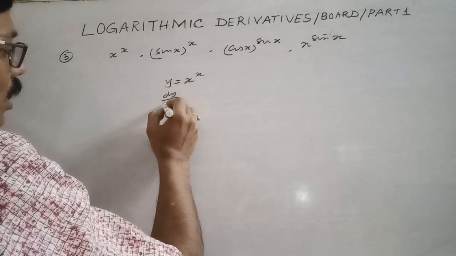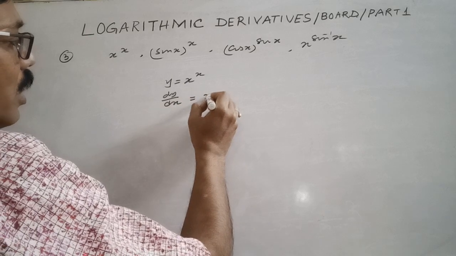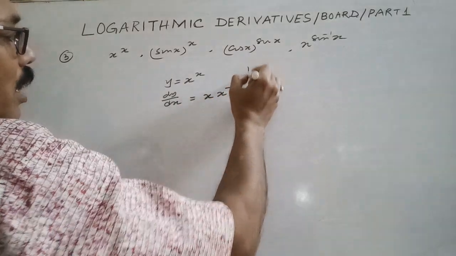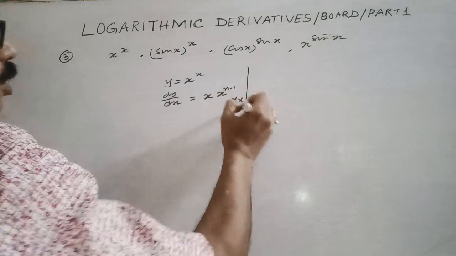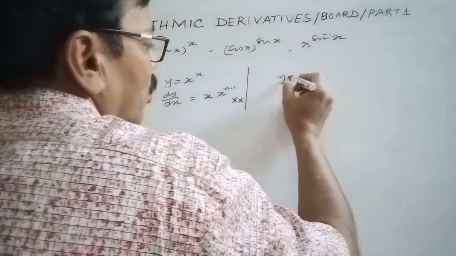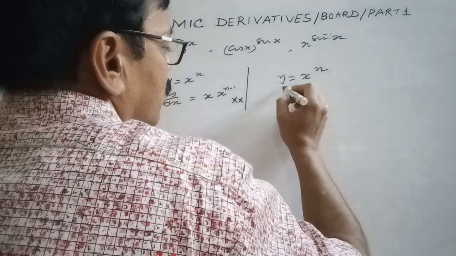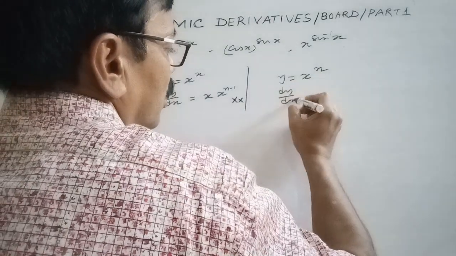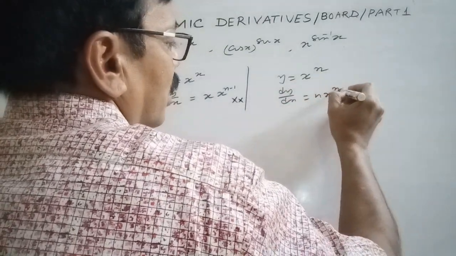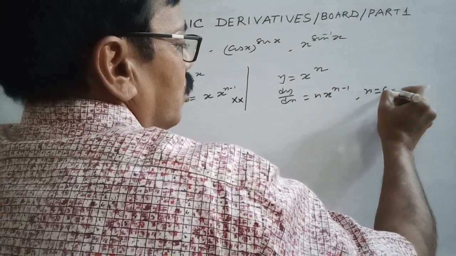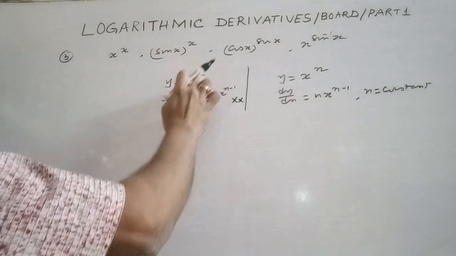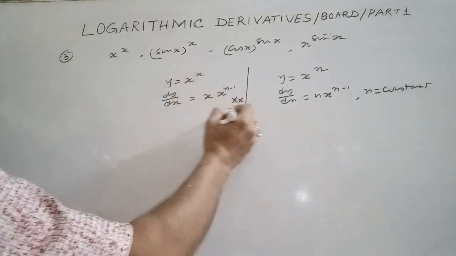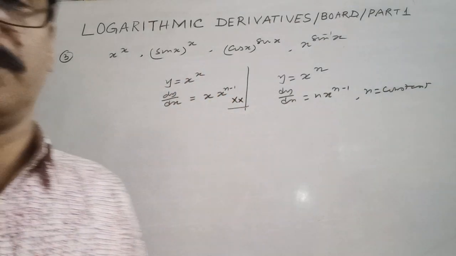Some students write x into x to the power x minus 1, but this is wrong. Why? Because x to the power n can be differentiated by this rule only when n is constant. But here the power is not constant, so this is not true.